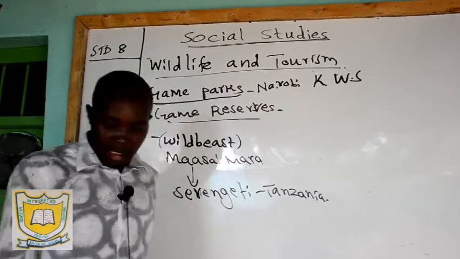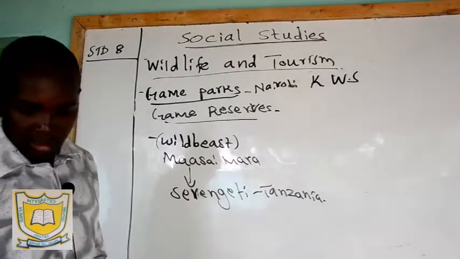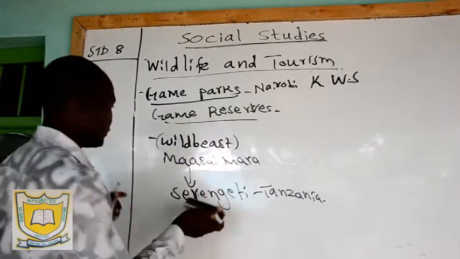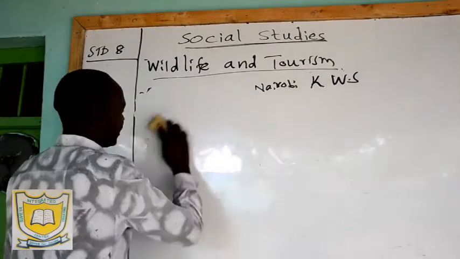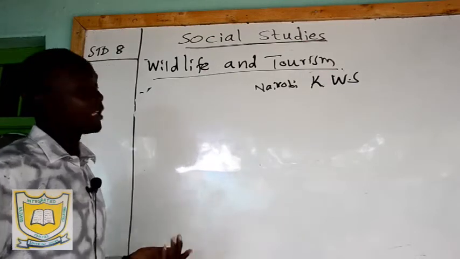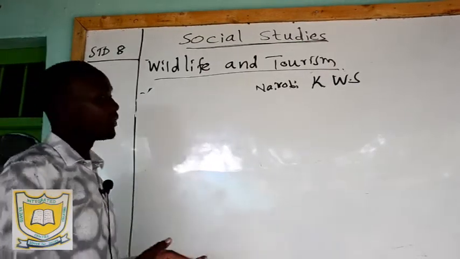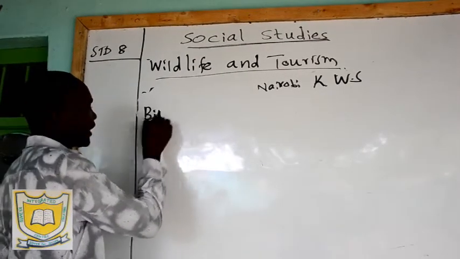Now, for examples of wildlife, we have said that wildlife is made up of animals like lion, leopard, and buffalo, and so on. We also have the animals we call the big five.